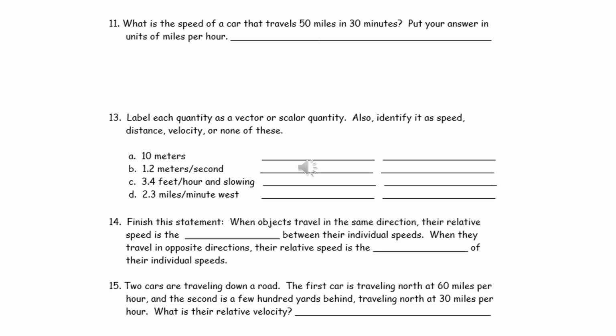Meanwhile, if we want to know something's velocity and we add the information about the direction it's headed in, then we have a vector quantity. So as you look at A, B, C, and D there, I can see that we have several scalar quantities there, and we have at least one vector quantity there.